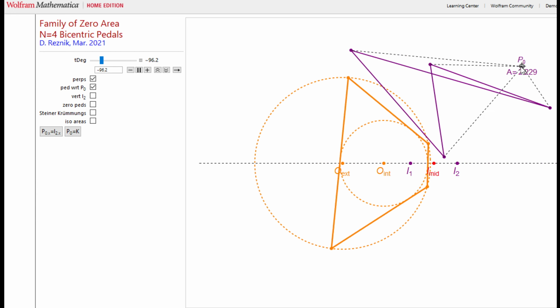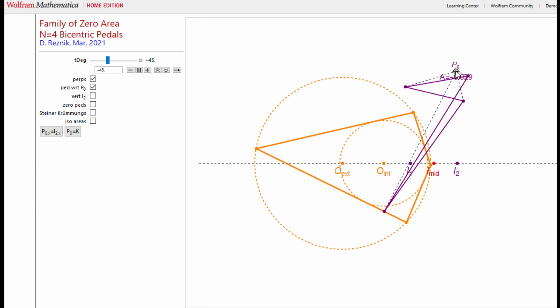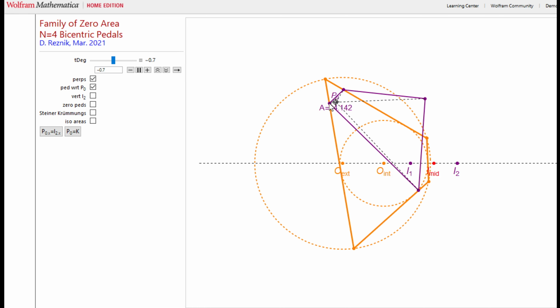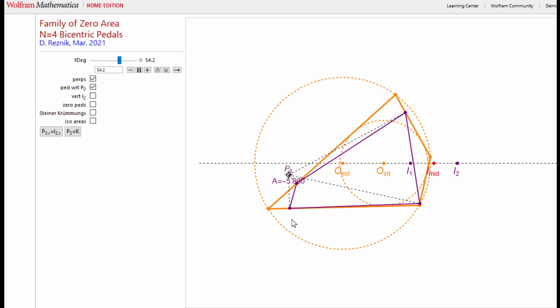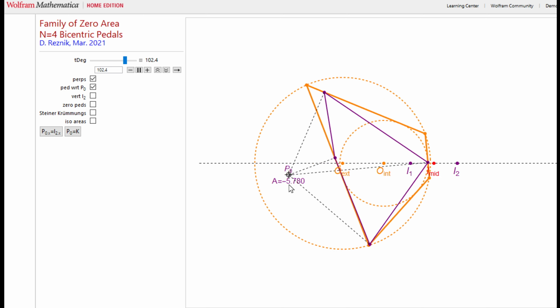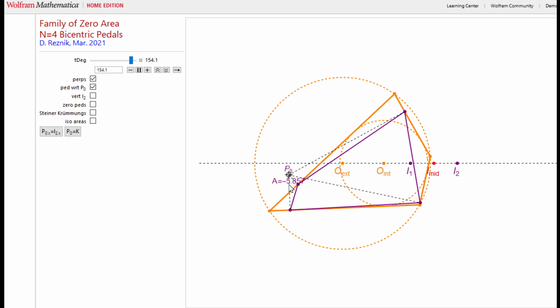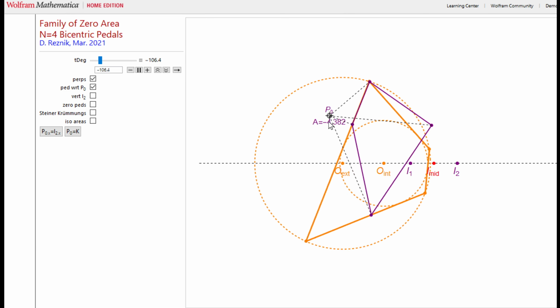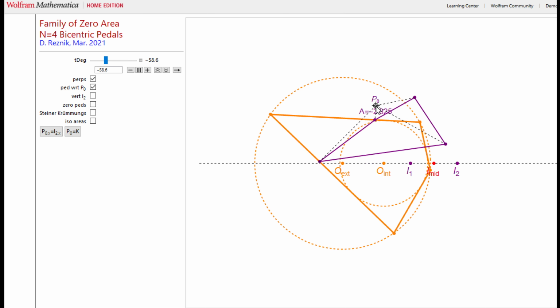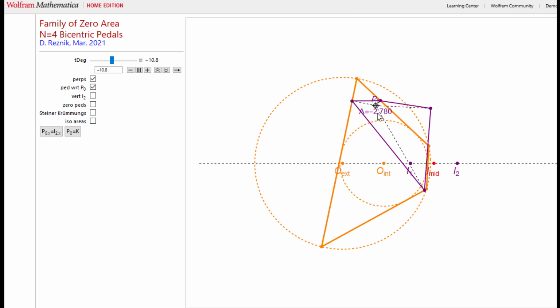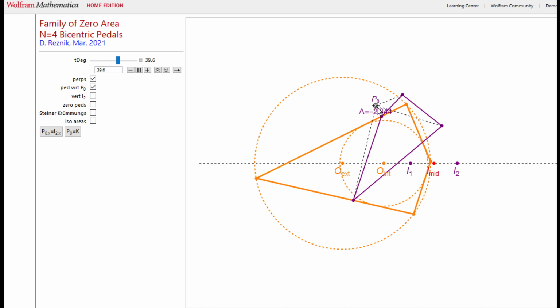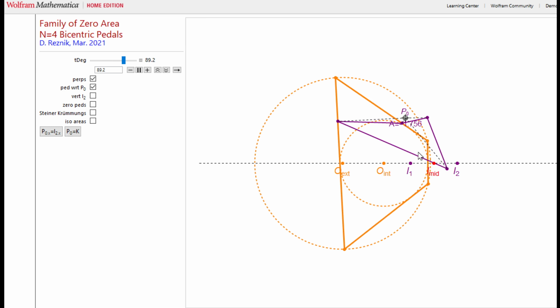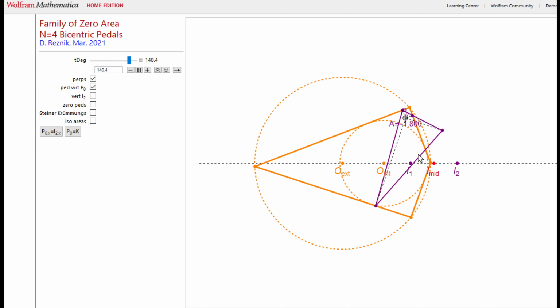Now, as I move P0 towards the left, there's going to be a point at which this area is going to become dynamically negative. For example, if P0 is over here, the area is dynamically negative, and it doesn't seem like my pedal polygons are self-intersected anymore. So that's an interesting property. They're not self-intersecting, but the area is still negative, variable. If I go over here, the area is still negative, variable.